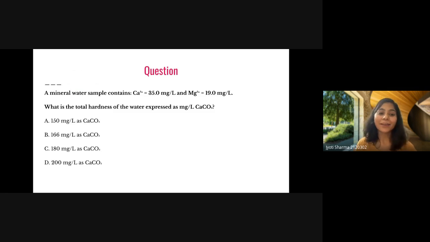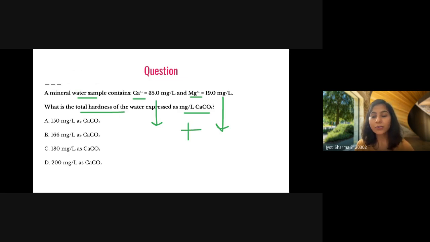Anyway, if we have a water sample, in water we have calcium concentration and we also have magnesium concentration, and you want to calculate the total hardness, then can you calculate? Again, very simple. You will calculate it in the form of mg per liter as CaCO3, and then this will be a summation, and this is how you will get the total hardness, right?